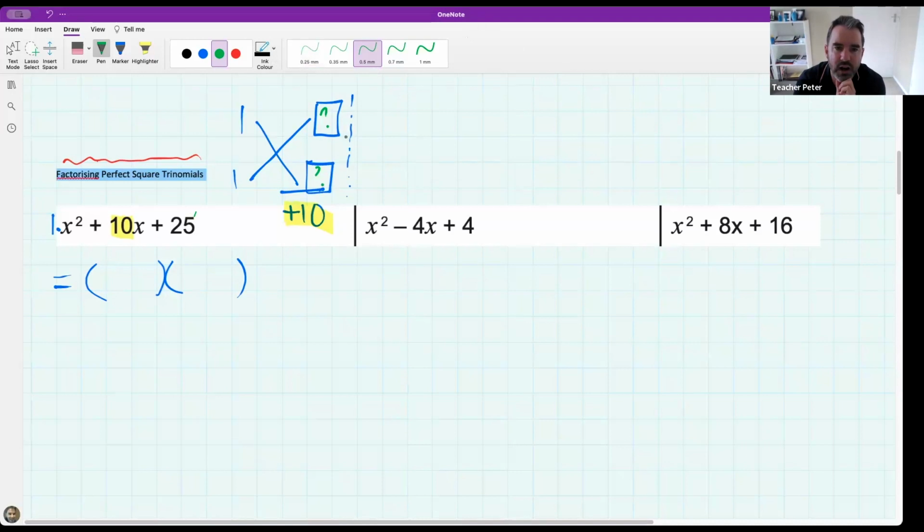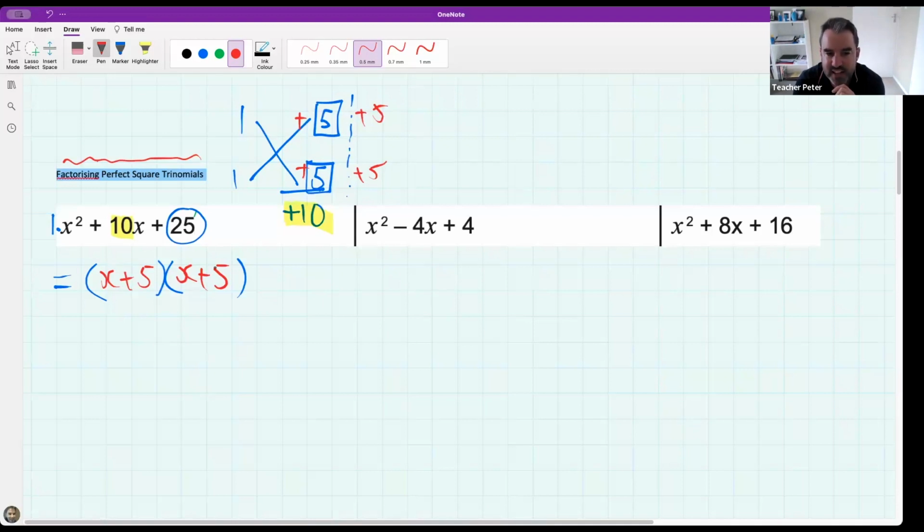So I think that we have to look at this number here, and we can say, can't we say 5 and 5? And so 1 times plus 5 is plus 5. So I think this trinomial is x plus 5 times x plus 5.